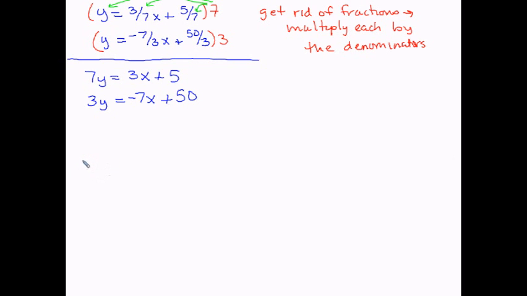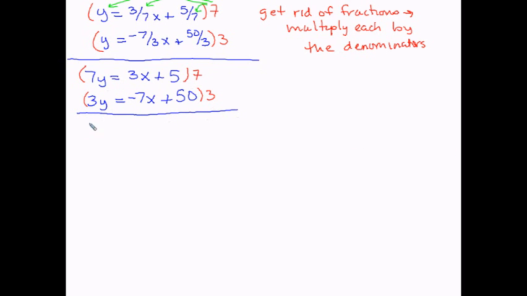Now I need to decide if I want to get rid of the x's or the y's. I'm going to choose the x's because one's already negative and one's already positive. So if I multiply this whole equation by 7 again, and this whole equation by 3, I'll get positive 21 and negative 21, and so they'll cancel out completely.